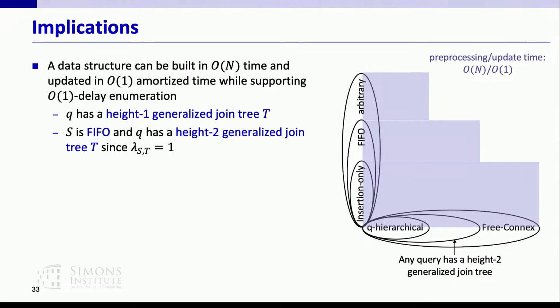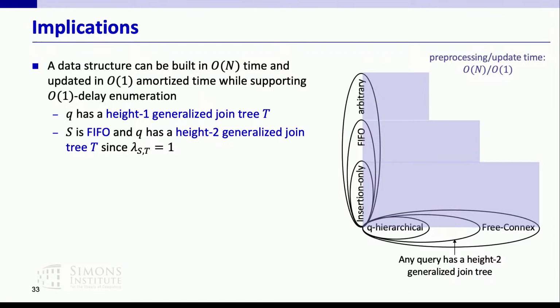But for other queries, we might have some restriction on the update sequence. For example, if the update sequence is first in, first out, we require that the query has a height 2 generalized join tree. And as a good exercise, you can check that the enclosure list is 1.